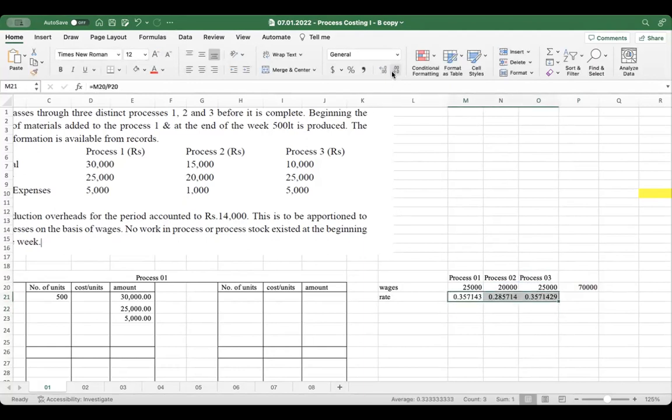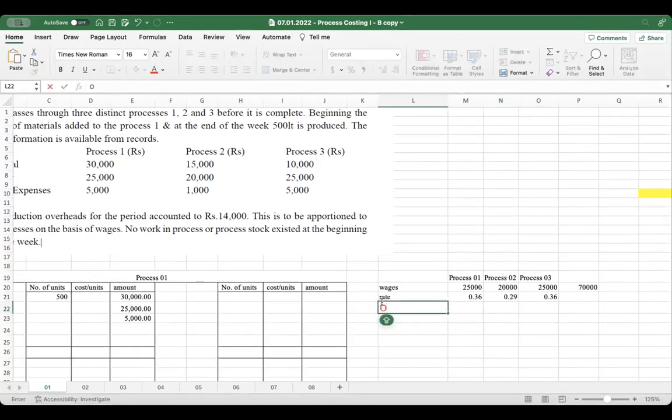Clear? Let's take it to the nearest decimal place. It will be for process 1, 0.36. For process 2, 0.29. For process 3, 0.36 again.